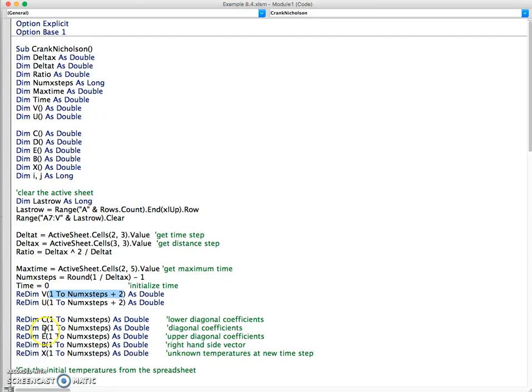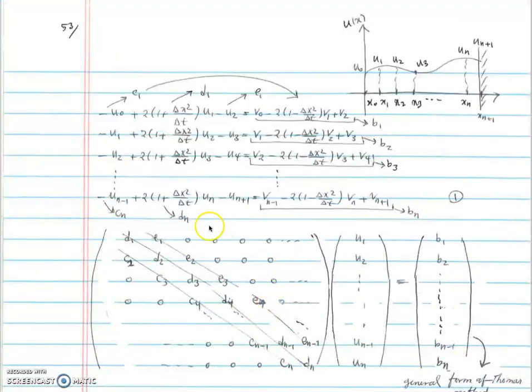Now when you get to C, D, E, B, these are the coefficients of the Thomas method. Basically, these are the coefficients in this matrix. And we note that the coefficients here actually go from 1 to n. D's go from 1 to n. E's go from 1 to, well, n minus 1. We can have n elements where we cannot use the last element. C's go from 1 to n, but we cannot use the C1.